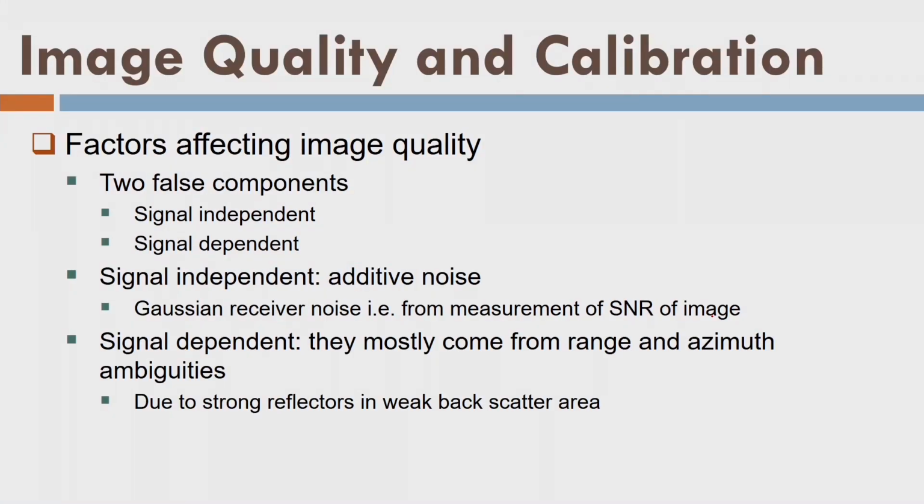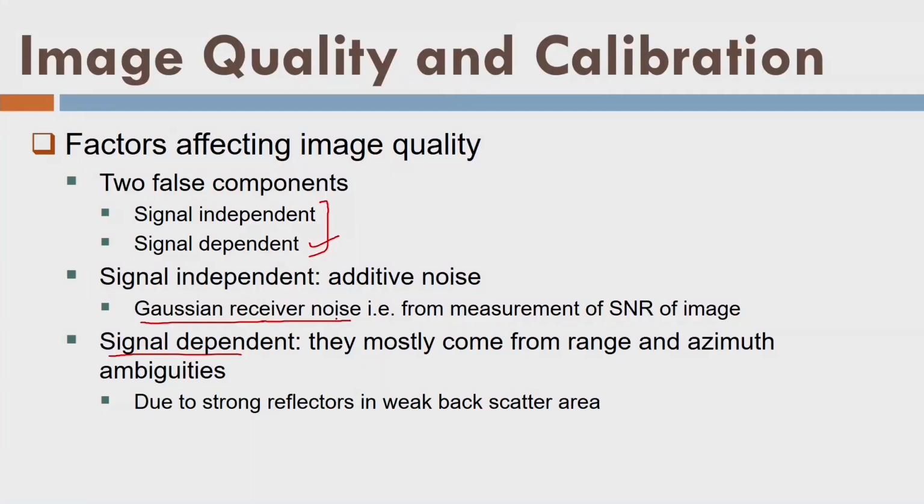Then what are the factors that affect the image quality? We have done the calibration process and now we have to define image quality. We have two false components, one is signal independent and another is signal dependent. What is signal independent? The backscatter signals are coming from the terrain, so that is signal dependent. It is received at the receiver. If we have some problem at the receiver, that is signal independent.